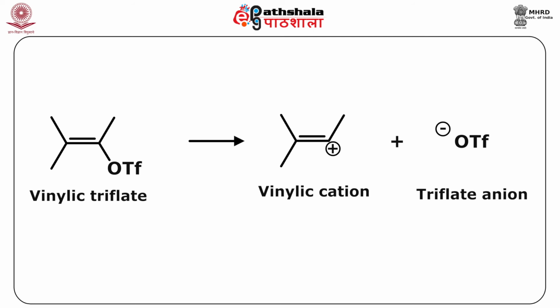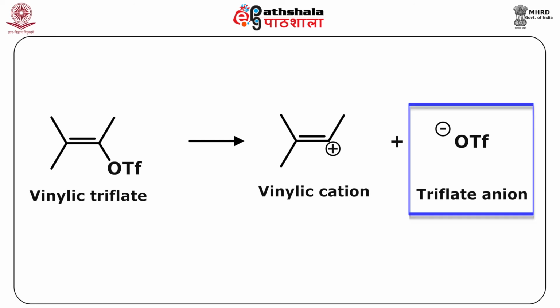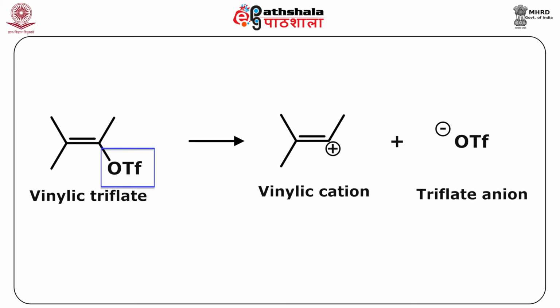The powerful electron withdrawing F atoms, through dispersal of the negative charge, help to stabilize the triflate anion, making the parent acid, CF3SO3H, triflic acid, one of the strongest Lowry-Bronsted acids known, much stronger than those we generally come across, that is sulfuric acid and HClO4. The triflate anion is correspondingly an extremely weak base and one of the best leaving groups known in organic chemistry, and it is used for lots of purposes in organic synthesis.